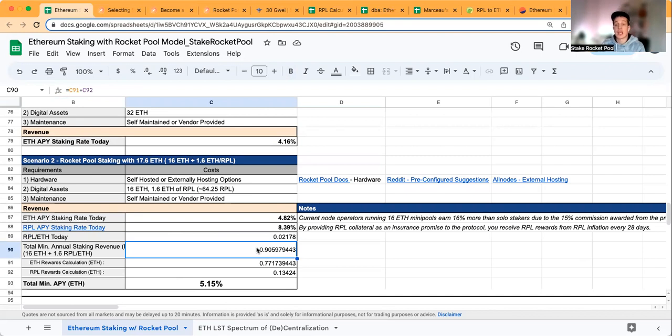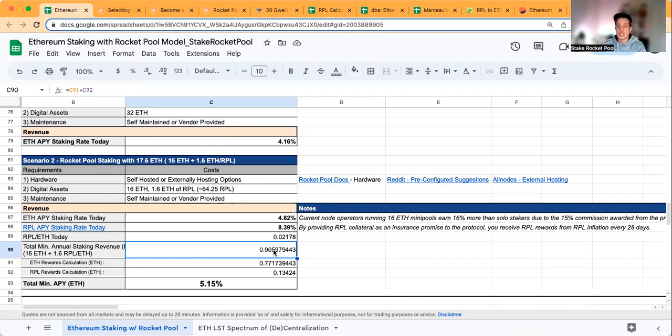Now, getting to your calculation for how you get your net returns in Ethereum, let's first assume that you have 16 ETH staked with Rocket Pool and 1.6 ETH worth of RPL, which is the minimum amount, about 10%. And most have a lot more than that staked today.